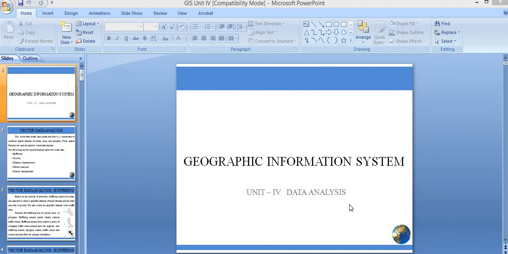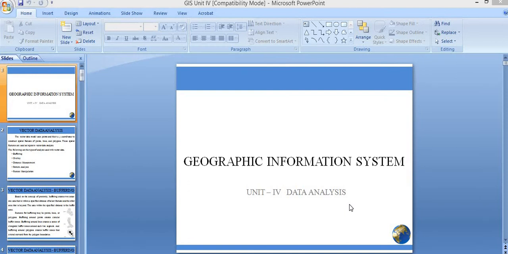In the 4th unit, we will be discussing data analysis. So actually, in the 4th unit, we are going to discuss different operations, but if you prepare it in this way, it will be very comfortable for you.